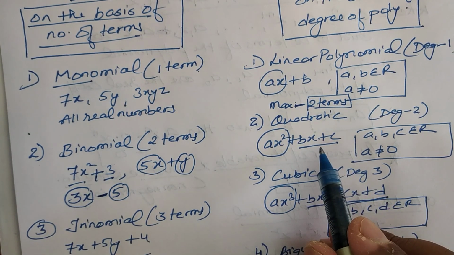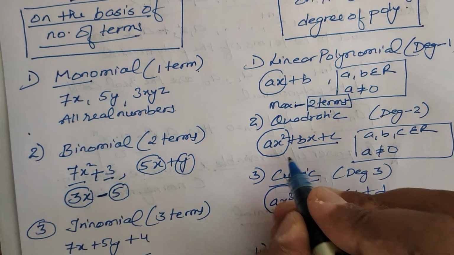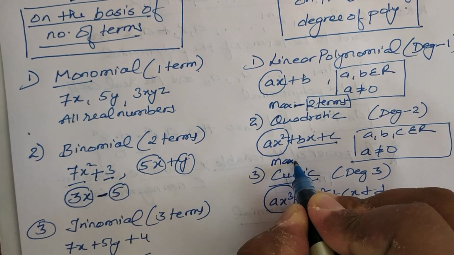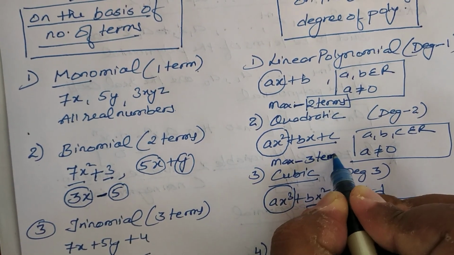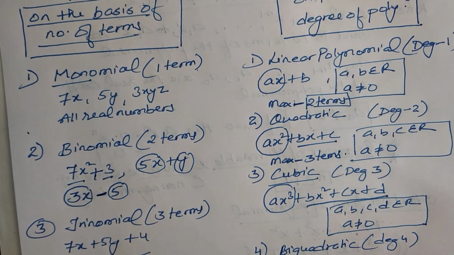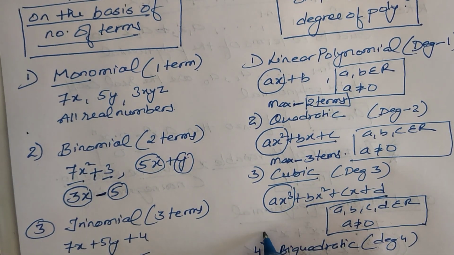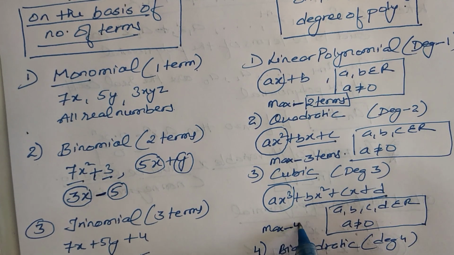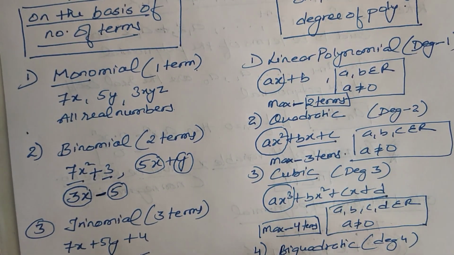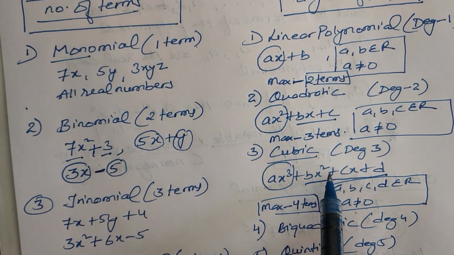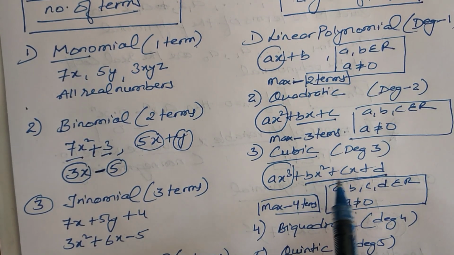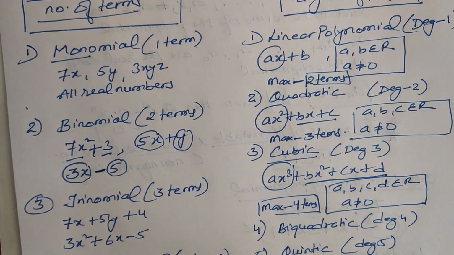Quadratic polynomial, it can have maximum 3 terms. So it can be monomial, binomial, and trinomial. Similarly, cubic polynomial, it can have maximum 4 terms. So a cubic polynomial may be monomial, binomial, trinomial, and quadrinomial, and so on. Like this we can proceed.